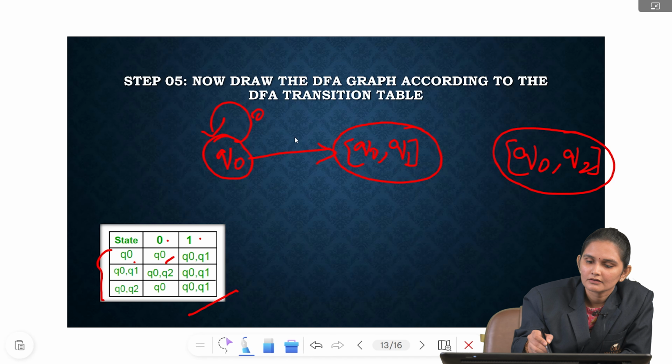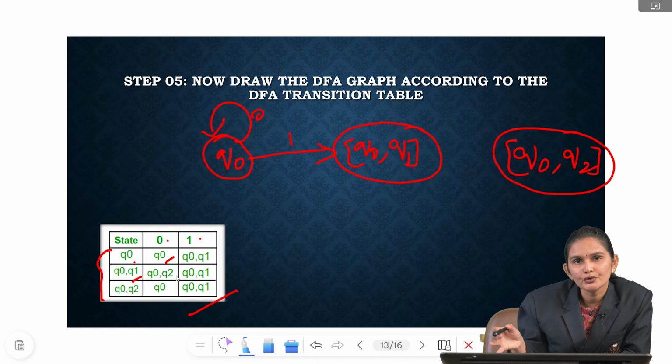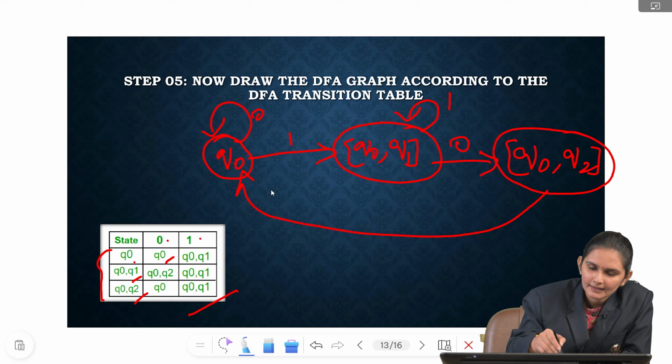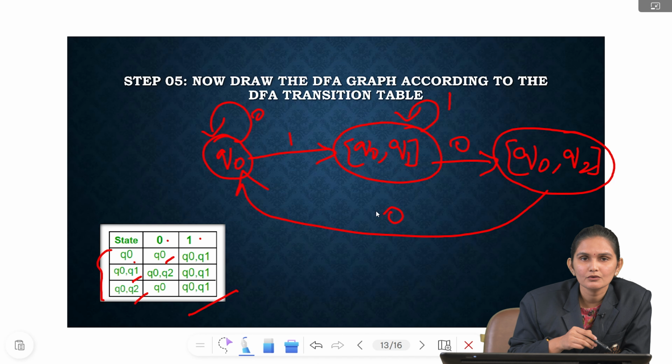Next, Q0, Q1 on 0, where is it going? On 0, it is going to Q0, Q2. Next, Q0, Q1 on 1, where is it going? It is a self loop on 1. Next, Q0, Q2 on 0, where is it going? It is going to Q0.